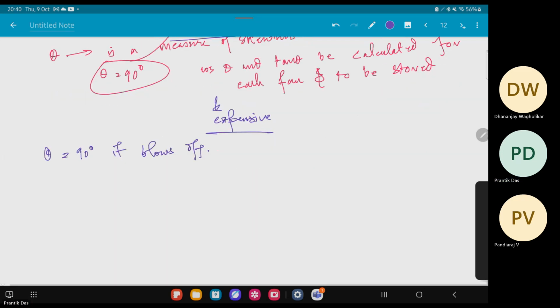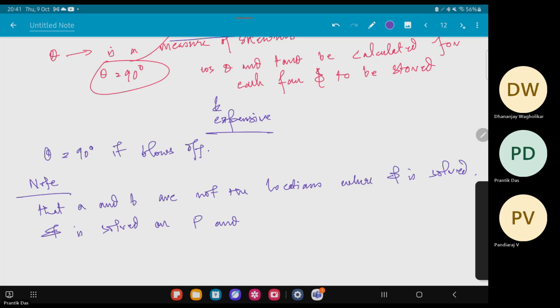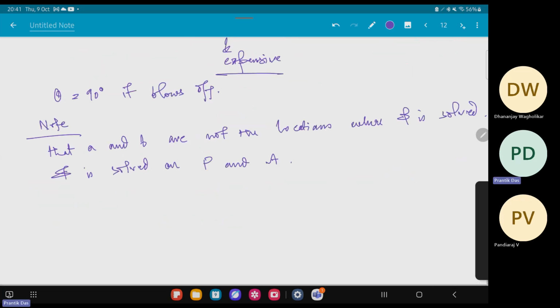Multiple things should be noted: that A and B are not the locations where phi is solved. Phi is solved on capital P and capital A, and there is error involved.